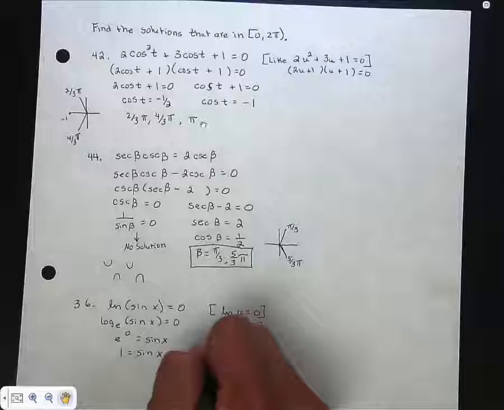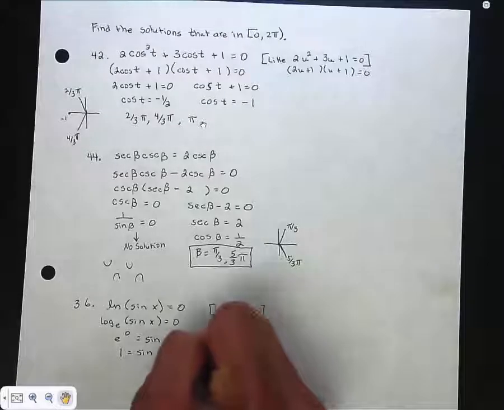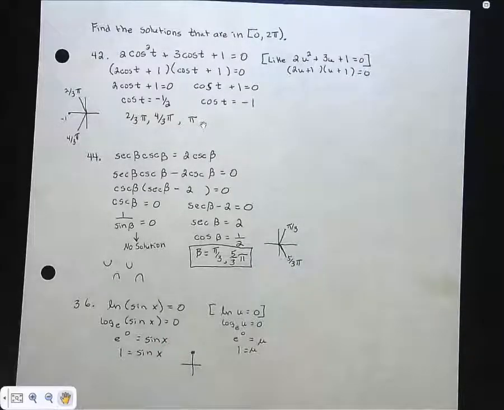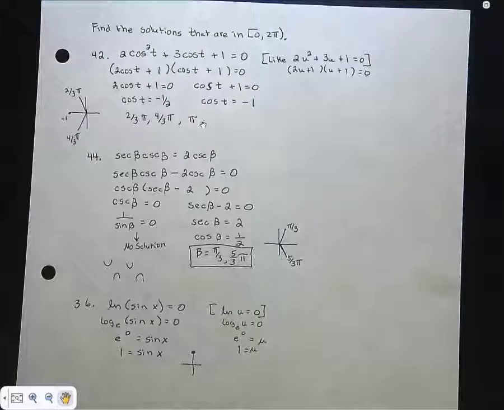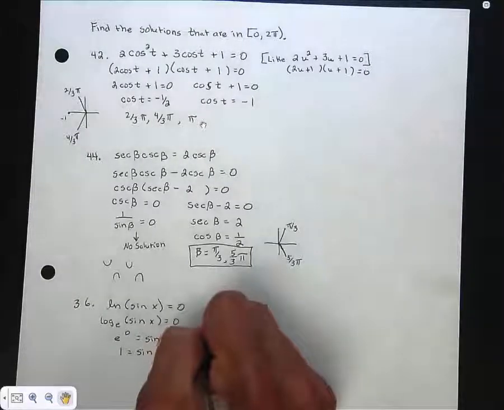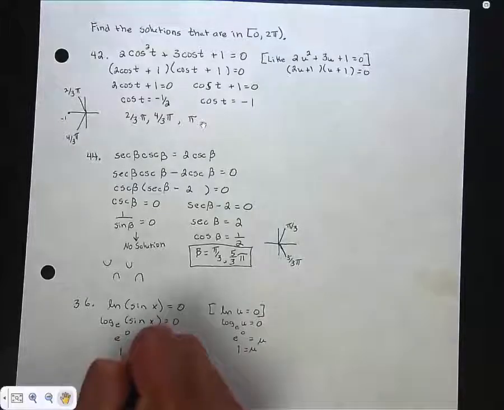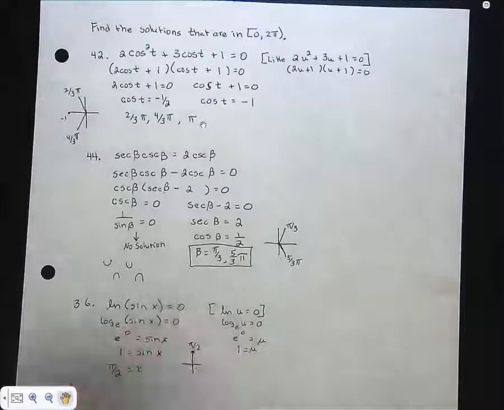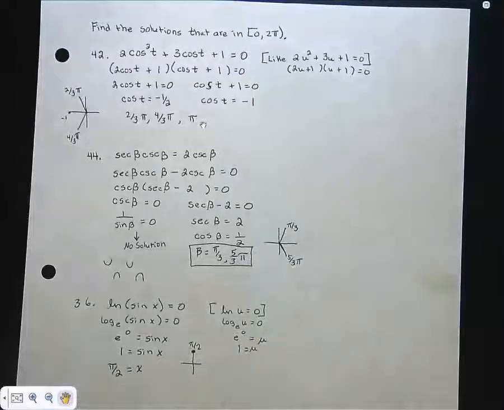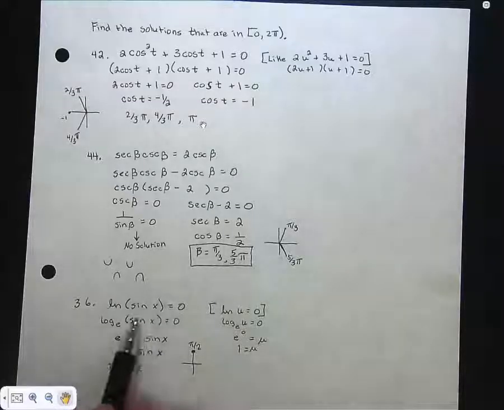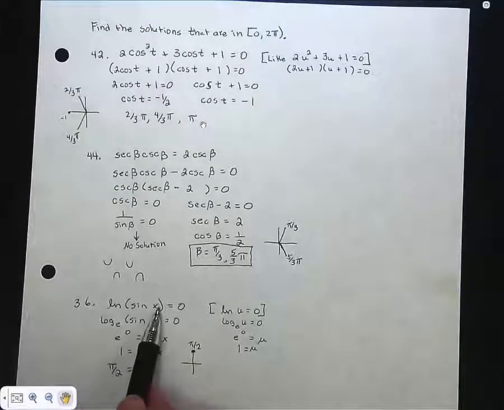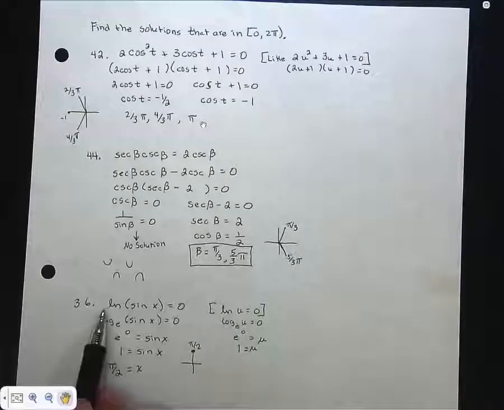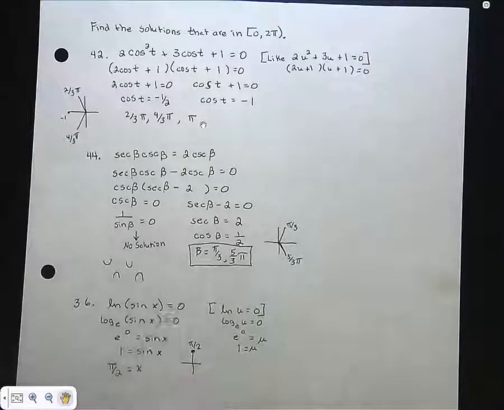In one revolution of the unit circle, sine is 1 where the y coordinate is 1, and that's at pi over 2 radians. So the solution to that equation is pi over 2 radians. And we can check that by saying sine of pi over 2 is 1. Natural log of 1 is 0 is a true statement.